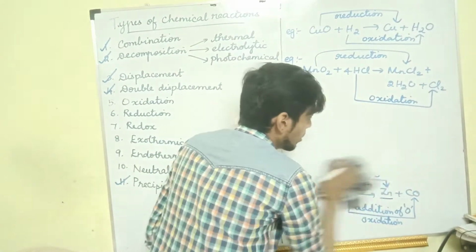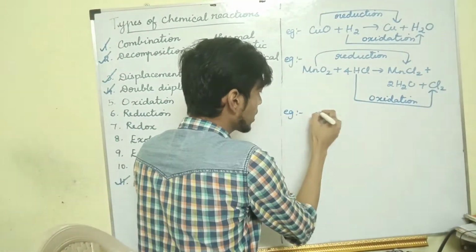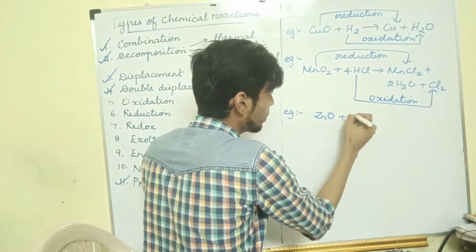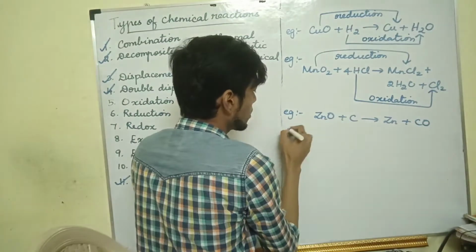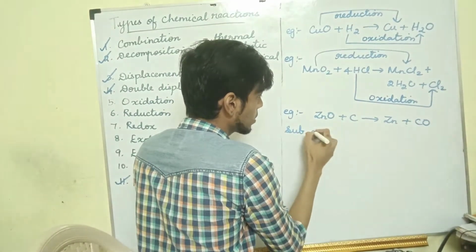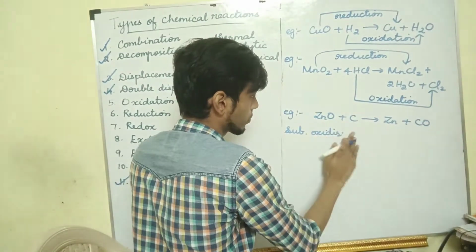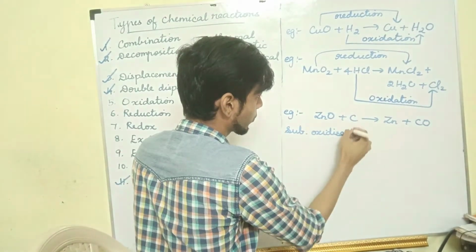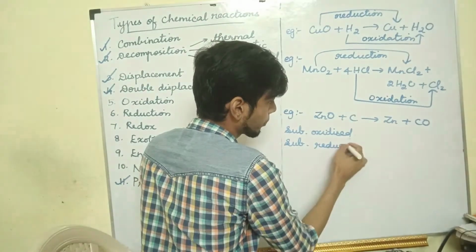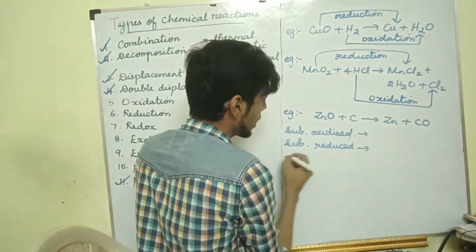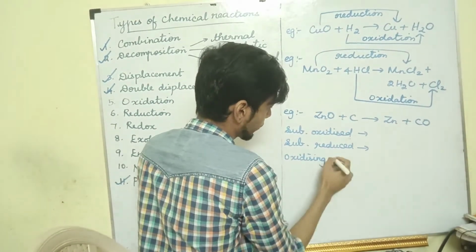Suppose they will give some examples like this. Okay, same example I am taking. ZnO plus C gives Zn plus CO. Suppose if they ask which substance is oxidized, which substance is reduced, okay, which is my oxidizing agent.